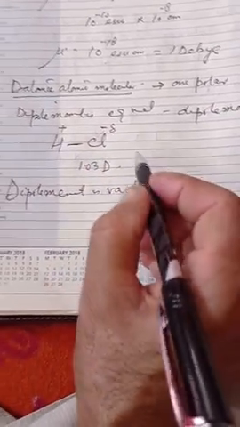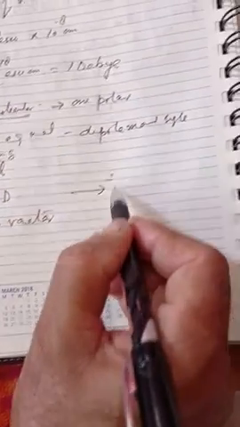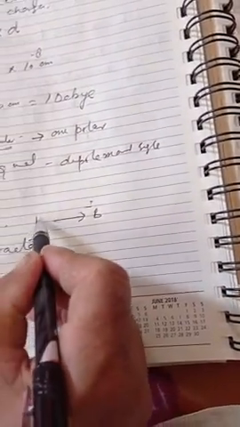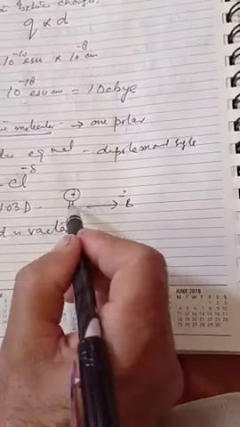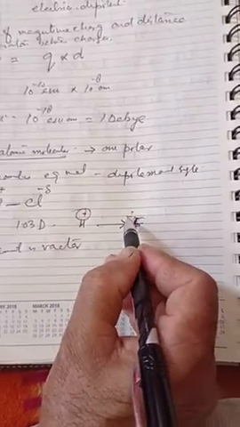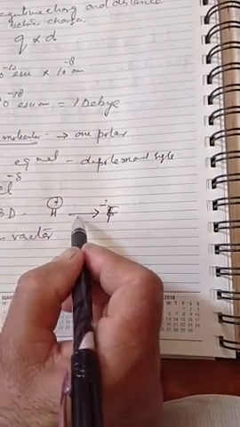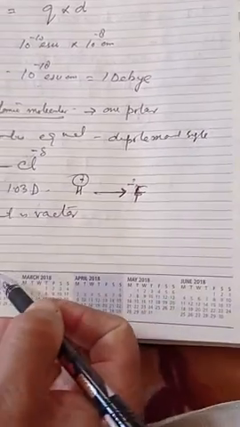We represent it by an arrow, with the arrowhead towards the more electronegative atom and the arrow tail towards the less electronegative atom. For example, the arrowhead will go towards fluorine and the tail towards the hydrogen atom. By this we represent a polar bond.